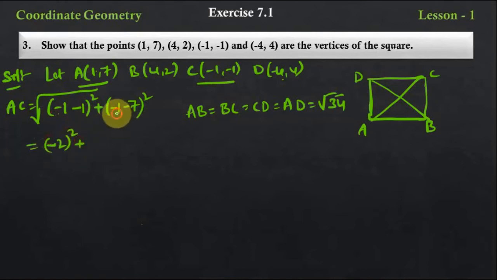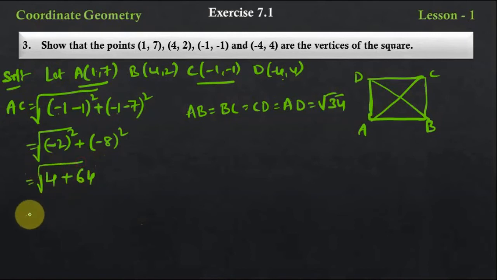Here minus 1 minus 7, both have minus signs, so minus 8 whole square under root. Now minus 2 whole square is plus 4, plus minus 8 whole square is 64, under root. So total will be 68, square root of 68.